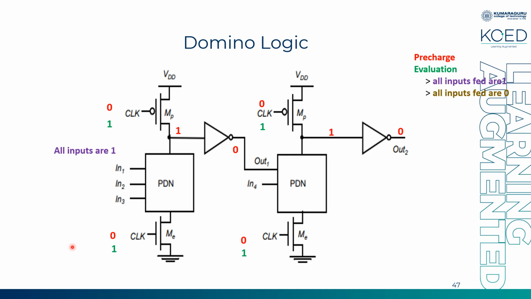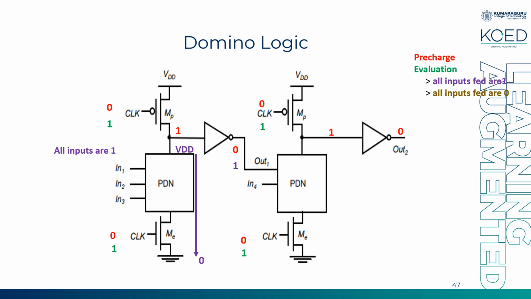Okay, so when all inputs are 1 to the pull down network, that means you have a path from this output node to ground. Ingi NMOS will act as a closed switch. If all the inputs are 1, then all these NMOS will be on. So there is a direct path from this output node to ground. Okay, so it is going to 0.